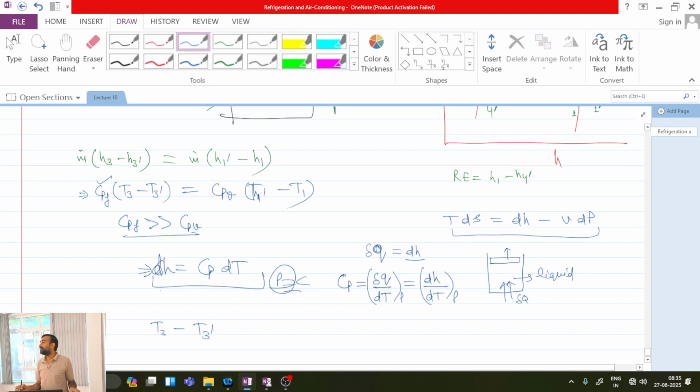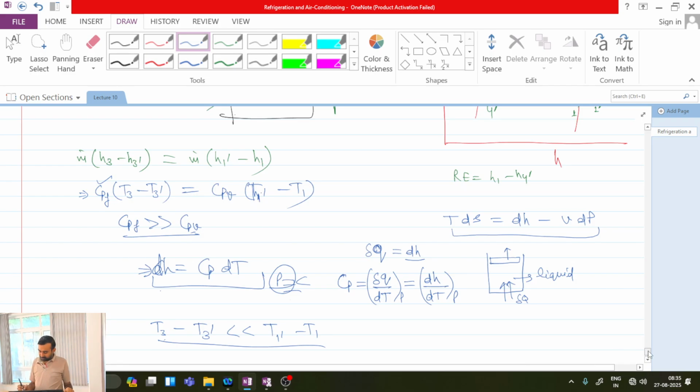T3 minus T3 dash will be small in comparison to T1 dash minus T1. So it means this heat exchanger will be majorly ensuring that my state at the inlet of compressor is always superheated. Is this point clear? So I will not be having any issue over here.